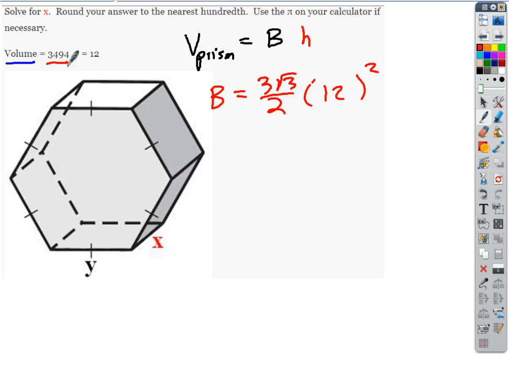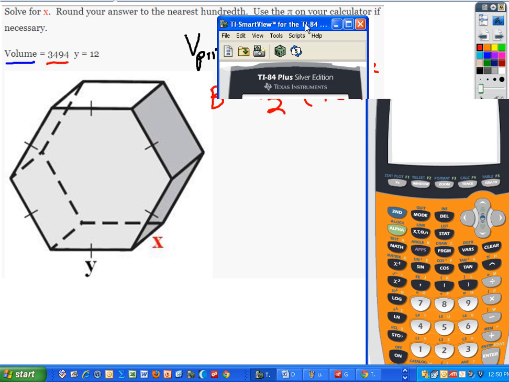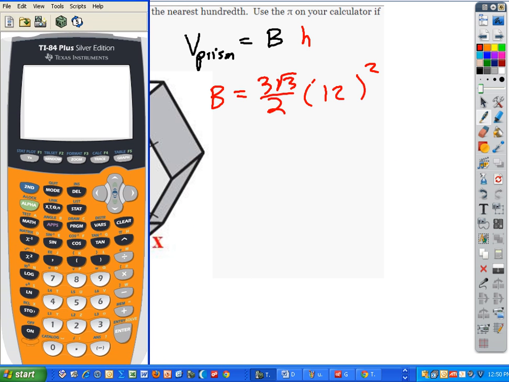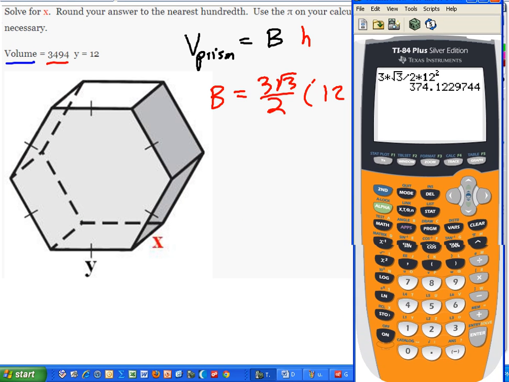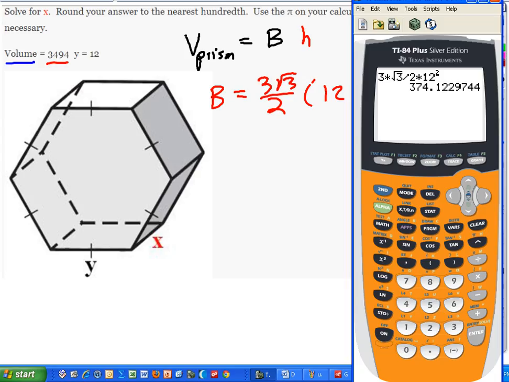So let's calculate B: 3 times square root of 3 divided by 2 times 12 squared. There's the number for the base. And now I'm just going to divide the volume, which is 3494, by that number. So 9.34 is the height.